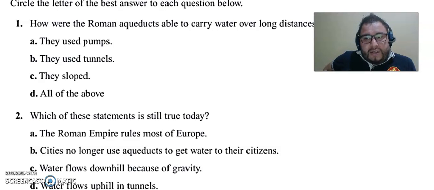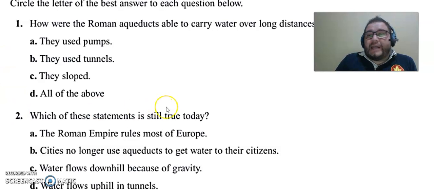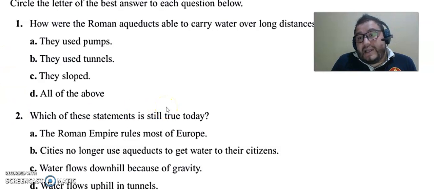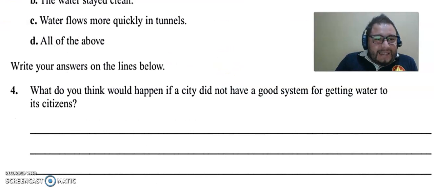But not now. Now there is England, Spain, and other different countries of Europe, and Italy is only a little bit of Rome, right? So water flows downhill because of gravity. This is the answer.